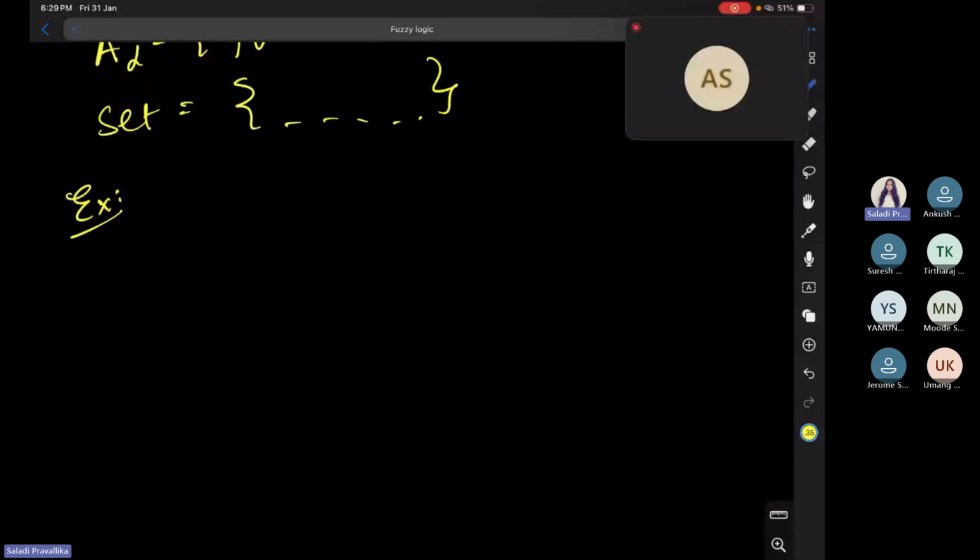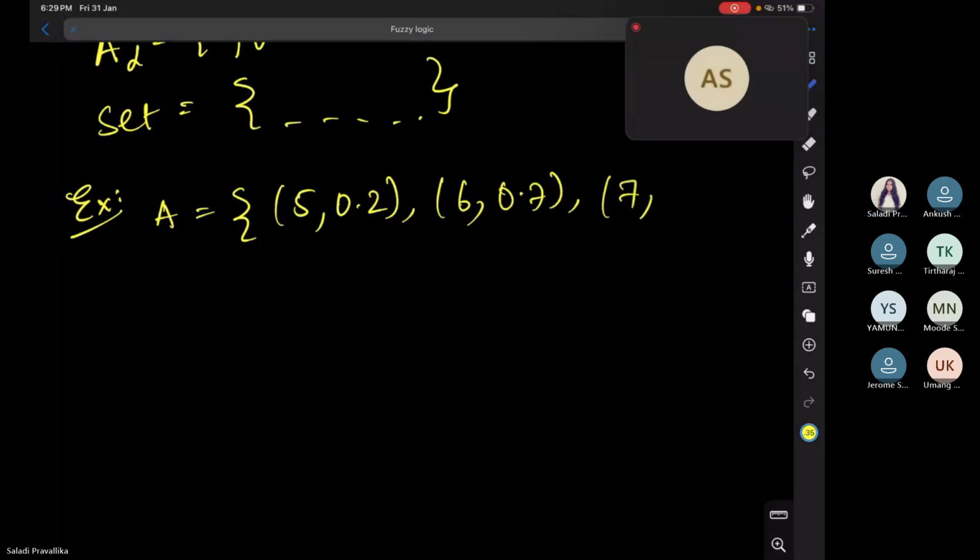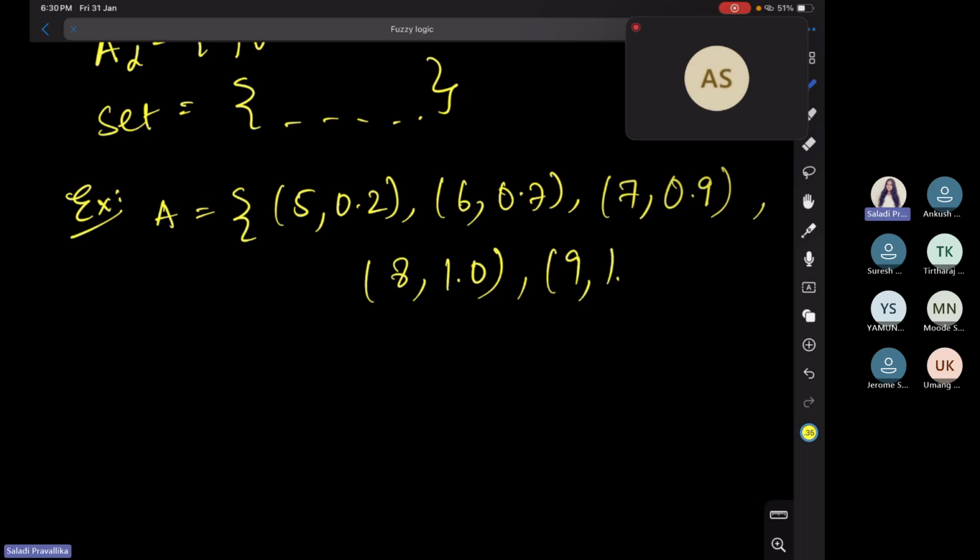A equals 0.5, 0.6, 0.7, 0.9, 0.8, 1, 0.7.